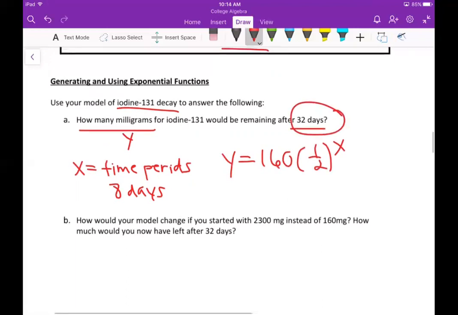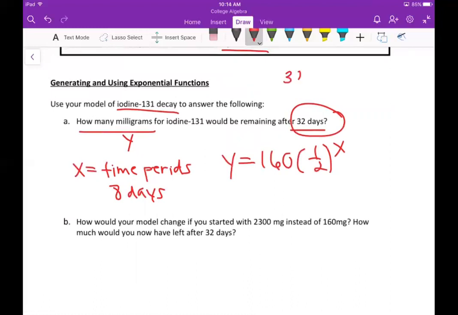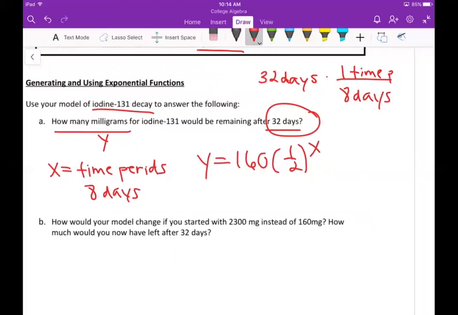So you can do a little bit of unit conversion there. 32 days, we can take that times the conversion, 8 days in 1 time period, so that we can plug in the correct input for x. So really we need to take 32 divided by 8, and we'll see that for x, we need to plug in 4. 32 days is 4 8-day time periods.